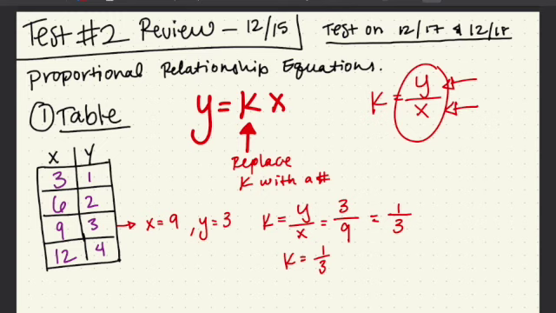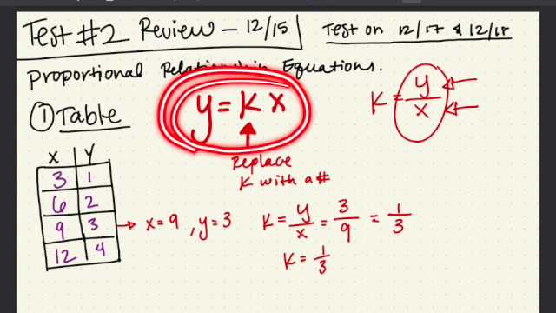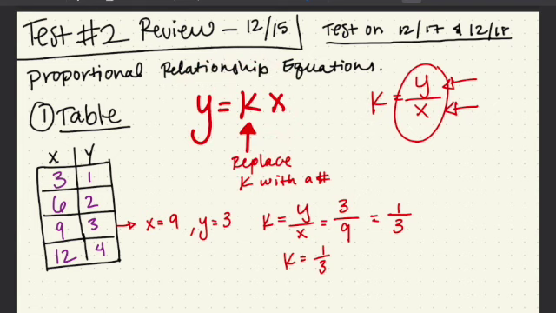Okay, now we found out what k was. Now we have to remember the master equation here. When we're finding an equation, we're putting it in this format, y equals kx. We figured out what k was, so now all we have to do is put it in the equation. We've got y is equal to k, but instead of k, we're going to put 1/3, because that's what we found k to be, times x.